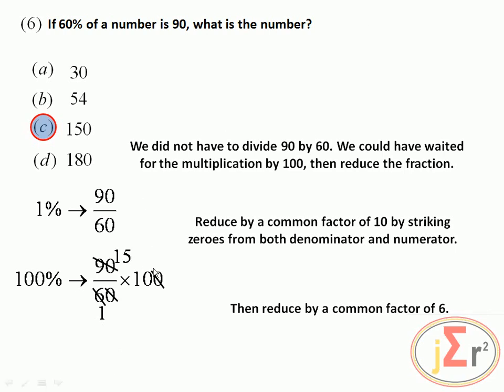Although it's a little bit obscured, I hope that you are seeing this 10 that remains here. So 1, 0, which is 10, and 15. Multiply 10 by 15 and we get 150. And that is our correct answer.